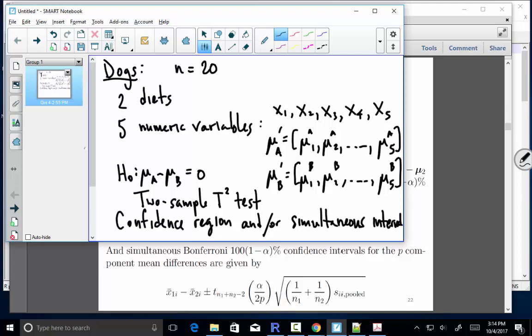Those come directly from the t-squared result. What's an important assumption? If we're going to do this to this real data set, we have 20 dogs. What's an important assumption that we need to consider before we do a t-squared test?